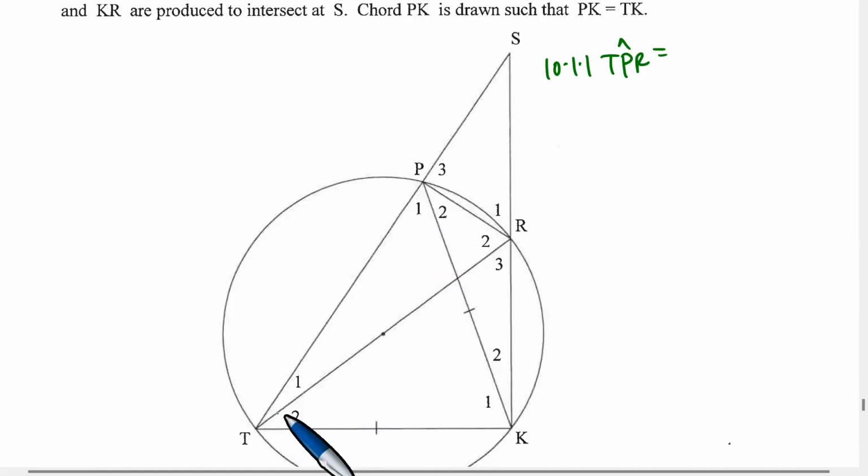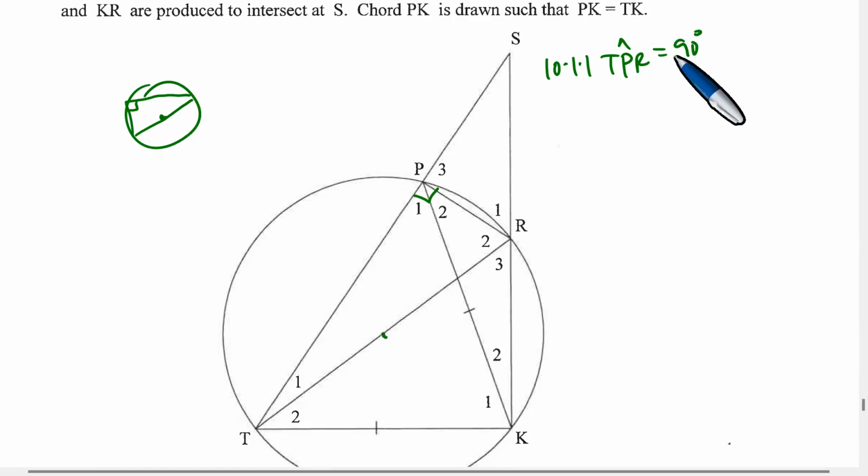Now, angle TPR is equal to 90 degrees because TR passes through the center of the circle and therefore it subtends an angle of 90 degrees at the circumference. In mathematics, if there is a diameter, it always subtends an angle of 90 degrees at the circumference. This is the case because you have the angle in a semicircle.